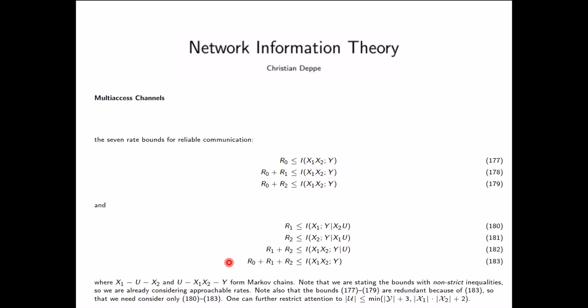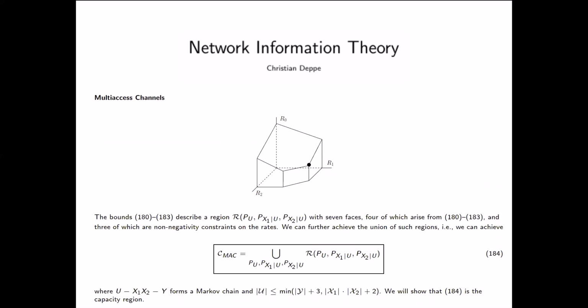And again, one can restrict to some auxiliary alphabet, whose cardinality is less or equal than the minimum of the cardinality of the output alphabet plus 3, and the cardinality of x1 times x2 plus 2. And if you look at the result, it looks like this.